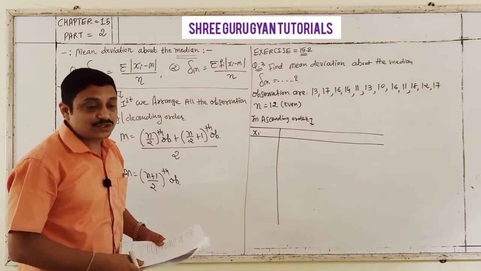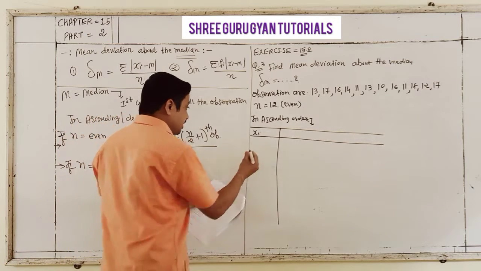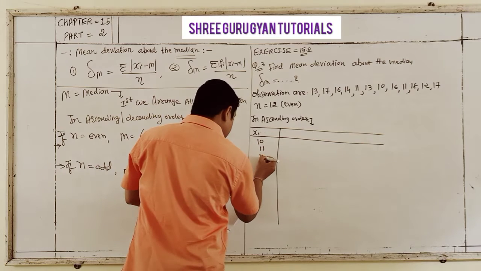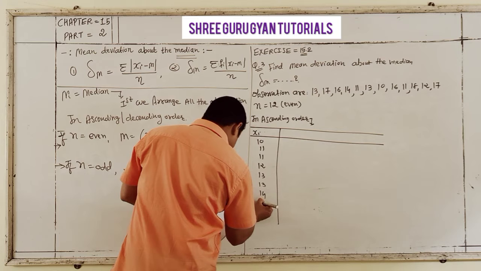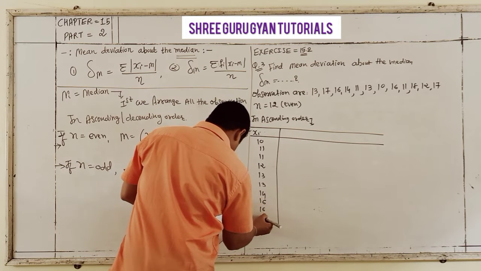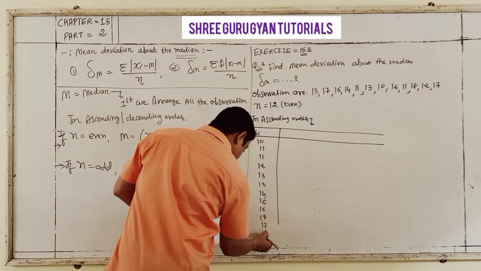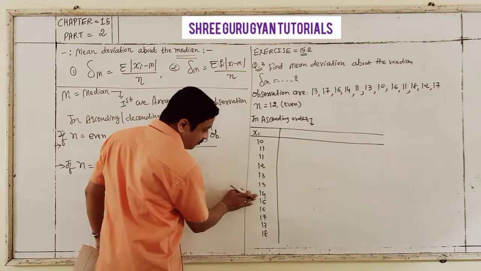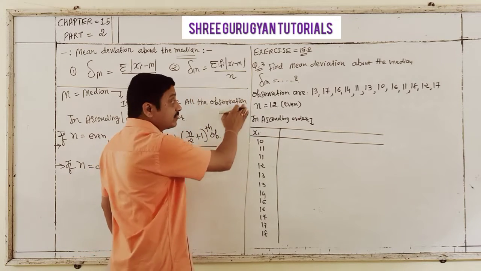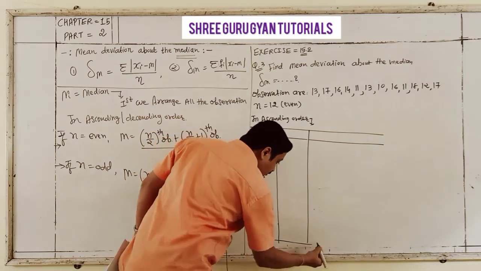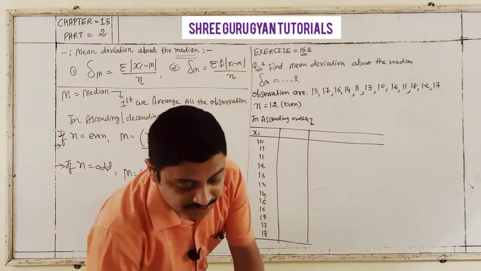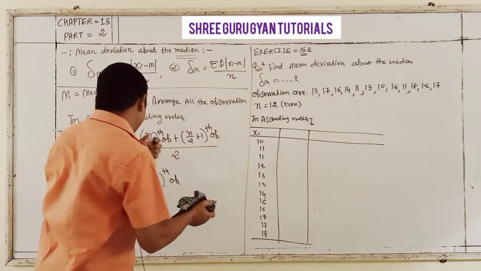So in ascending order, students, you just write down 10, 11, 11, 12, 13, 13, 14, 16, 16, 17, 17, 18. I check: 1, 2, 3, 4, 5, 6, 7, 8, 9, 10, 11, 12. This is all arranged, and now go to find the median.